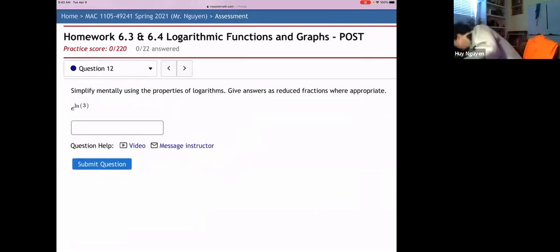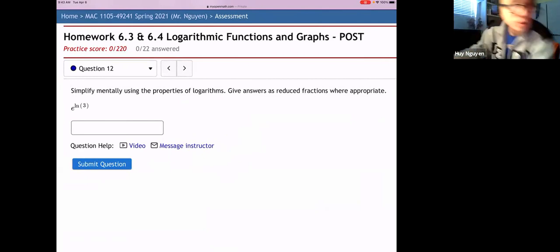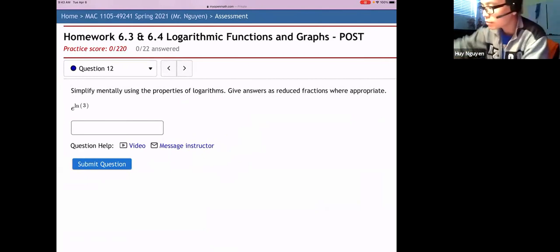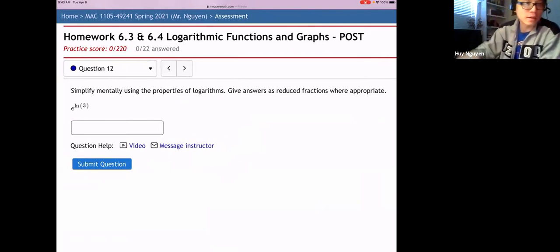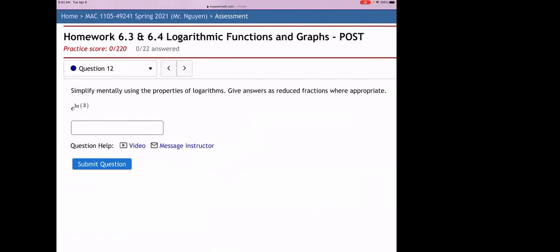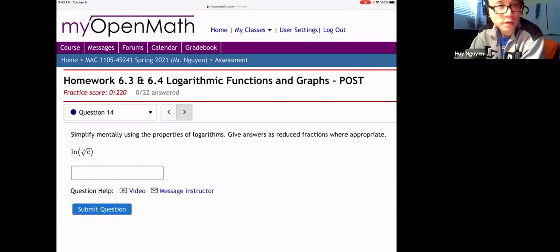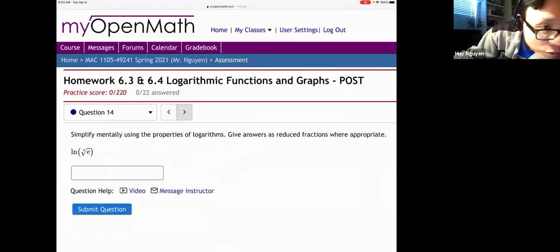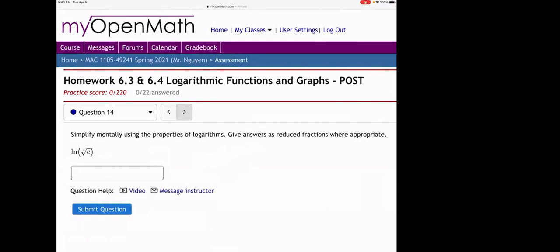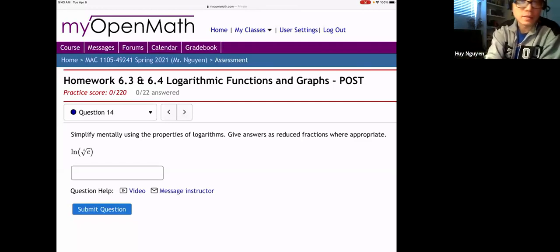Let me get a piece of paper. Sorry. Is that the fourth root? Yes, fourth root of e. That's about it. Okay, let me share my screen.